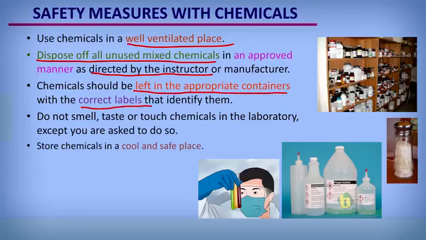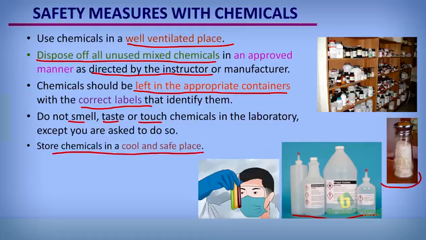You should keep them with the right labels and the right name in the appropriate containers. Don't put chemicals in salt container or sugar container so people don't mistakenly use them as salt or sugar. That would be very dangerous. Don't do that. Do not smell, taste, or touch chemicals in the laboratory except you are asked to do so. Don't do that.